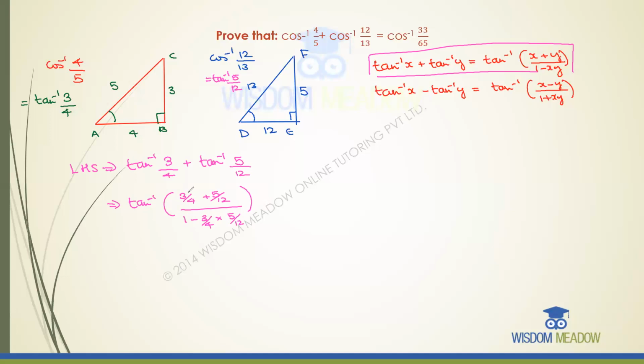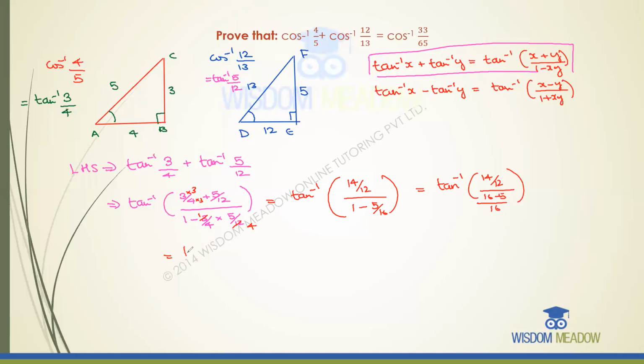making the denominator same. That is multiplying this with 3. I would get tan inverse of 9 plus 5, 14 over 12 over 1 minus, this could be cancelled. Okay, that's going to be 1 over 1 minus 5 over 16. That becomes tan inverse of 14 over 12, 16 minus 5 over 16.